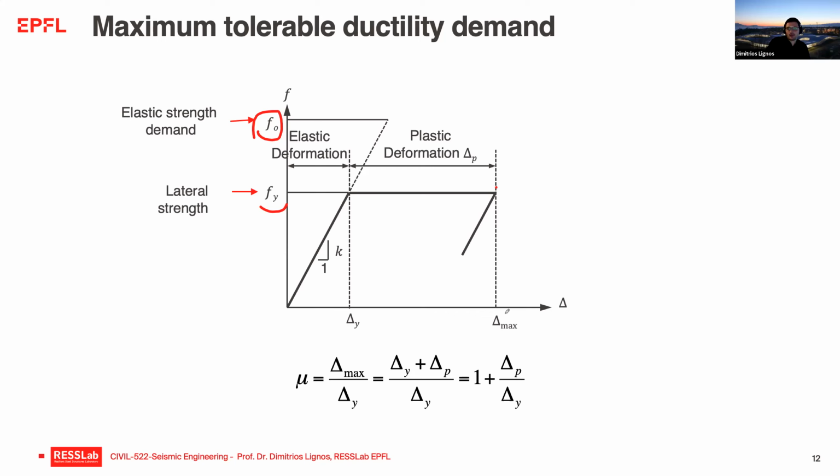This is equal to the ratio of delta max divided by delta y. Delta max is equal to the plastic deformation plus the elastic deformation. So mu is equal to 1 plus delta p over delta y. The maximum tolerable ductility is a quantity that will always be larger than 1. If I have no plastic deformation, so no plasticity in the structure, then the ductility is going to be equal to 1. It doesn't go below 1.